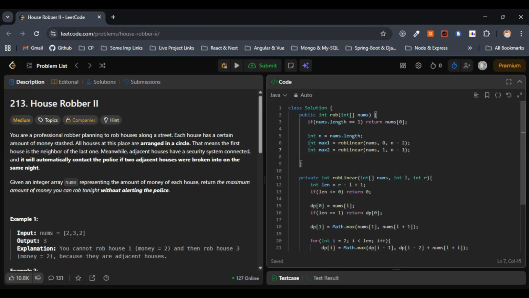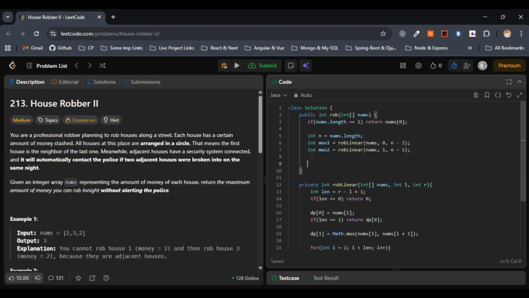So we are robbing the houses from 0 to n minus 2, and also robbing the houses from 1 to n minus 1. Finally, the answer is the maximum of the two exclusive cases, as we saw in the approach as well.